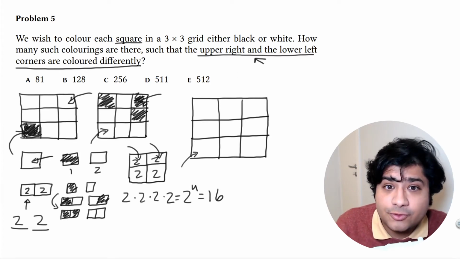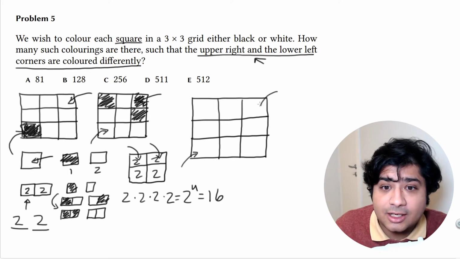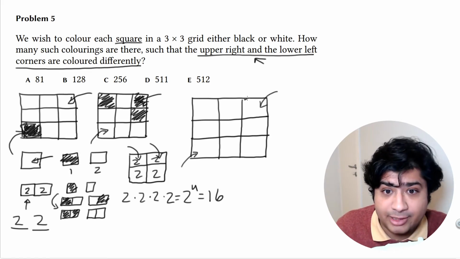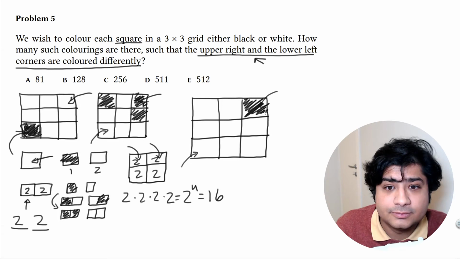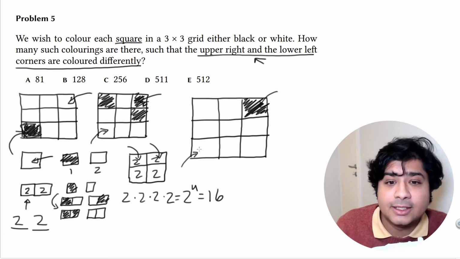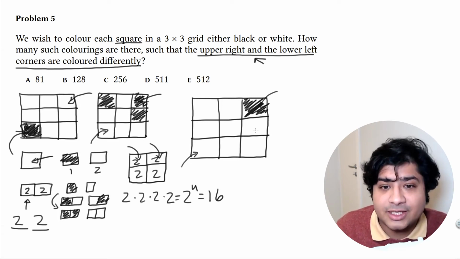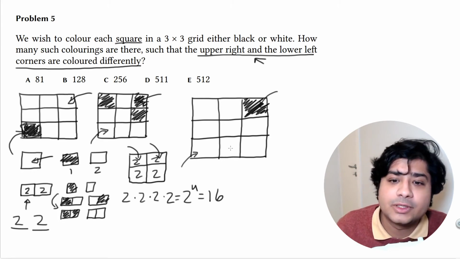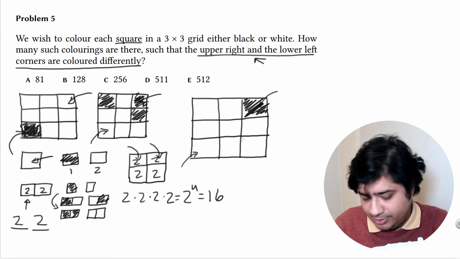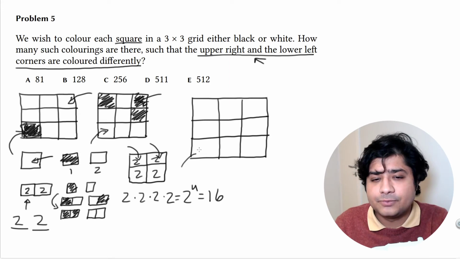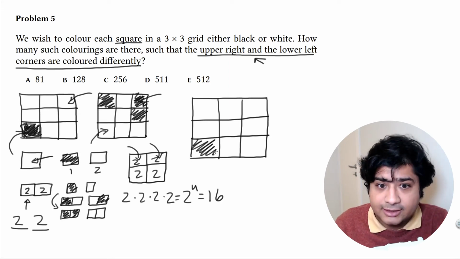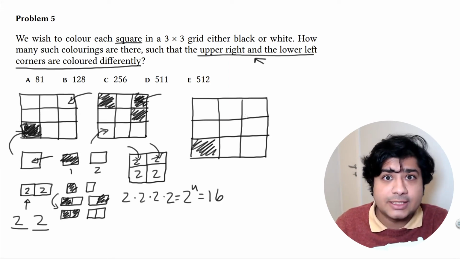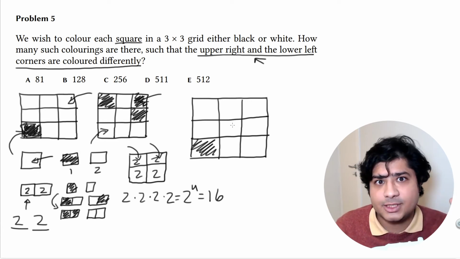Then, in order for this to be true, this one must be colored black, right? That's one. And then, of course, the rest of them can be colored whichever. Now, the other option could be the opposite, which is the first one is colored black, and the other one is colored white. There are only 2 options.